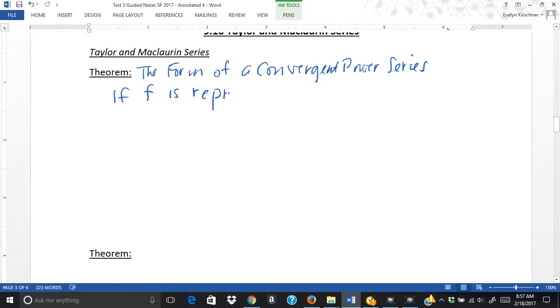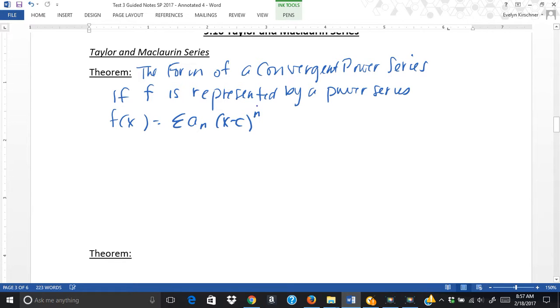So if f is represented by a power series, and we know what that looks like, f of x is the sum of a sub n times x minus c to the n, centered about c. So for all x, this representation works for all x in some open interval I, which contains that point c.